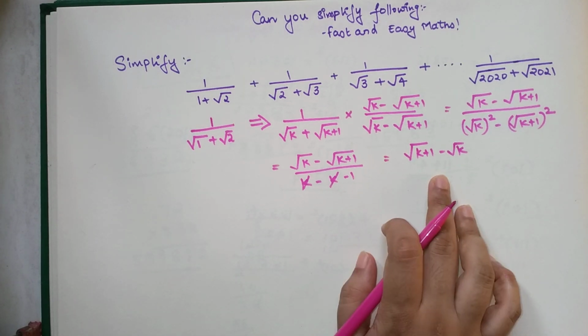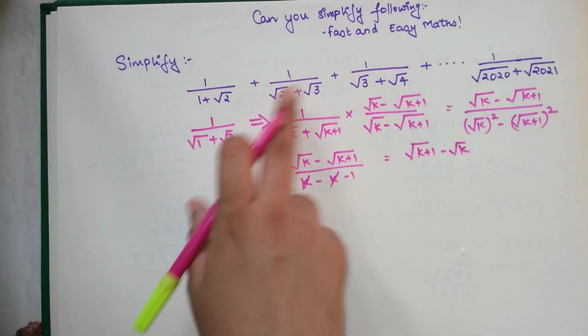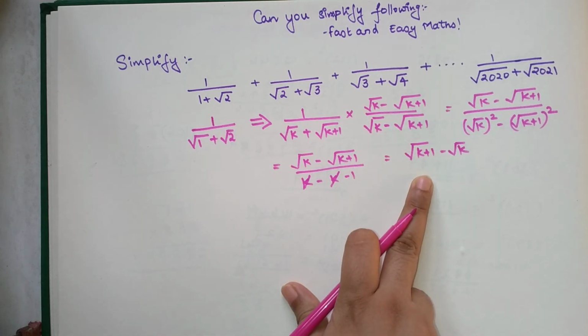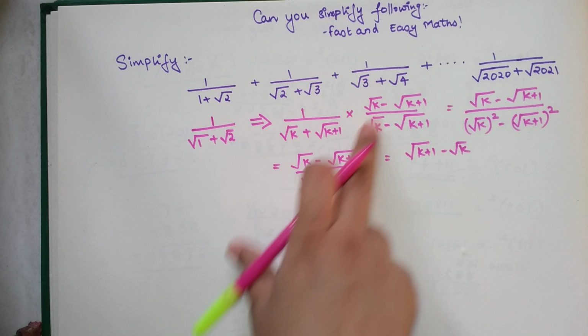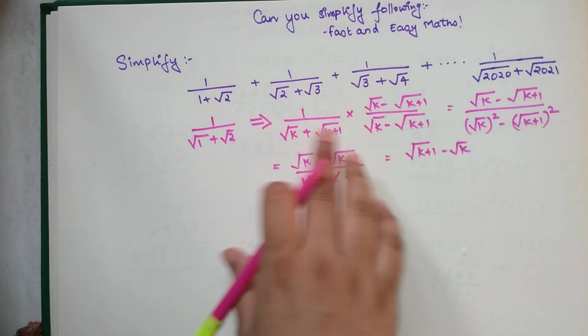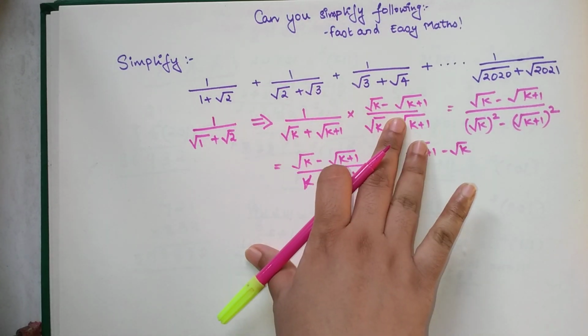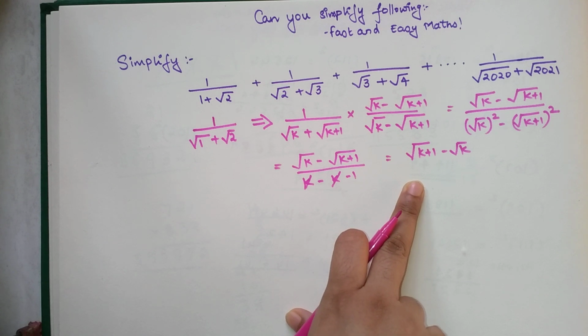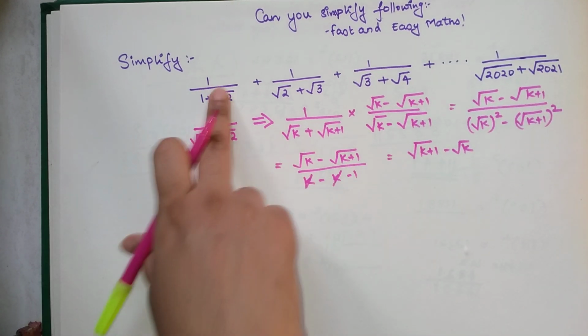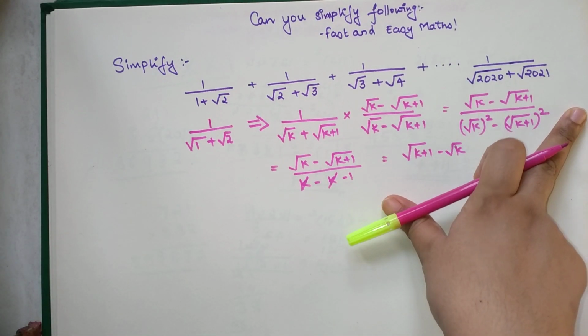Now I can say that all of these fractions can be written in this form. Why? Because we just multiplied the standard form with a conjugate and came up with this particular standard equation. This equation will be applicable to each and every fraction of this question.